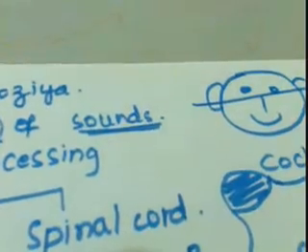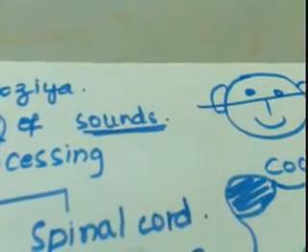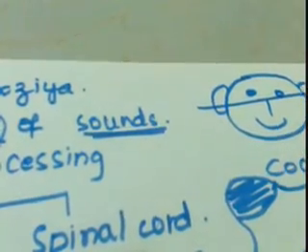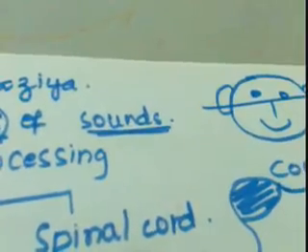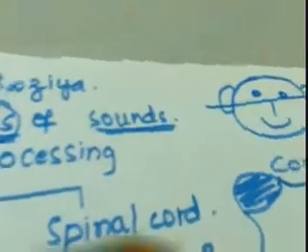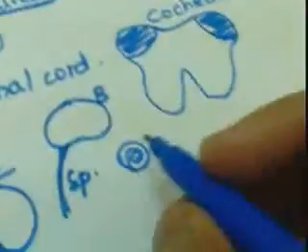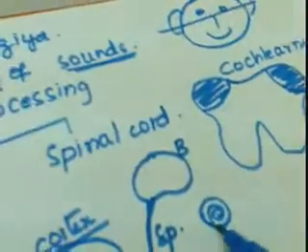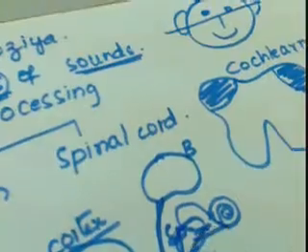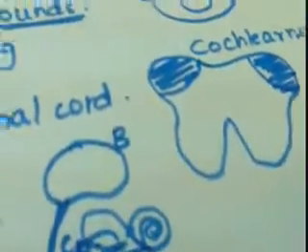So here is the cochlea. The cochlea is like a snail, and you have the semicircular canals as well. Here is the other side cochlea.